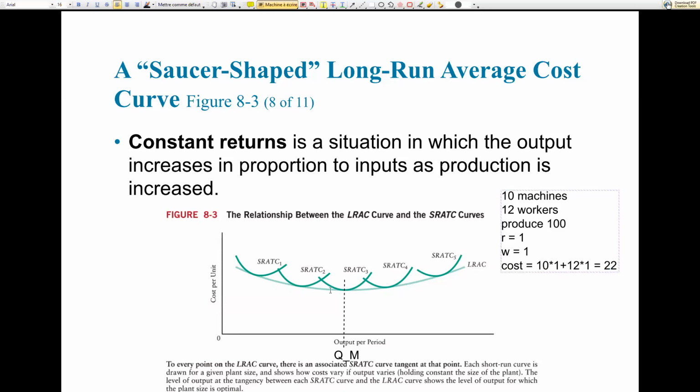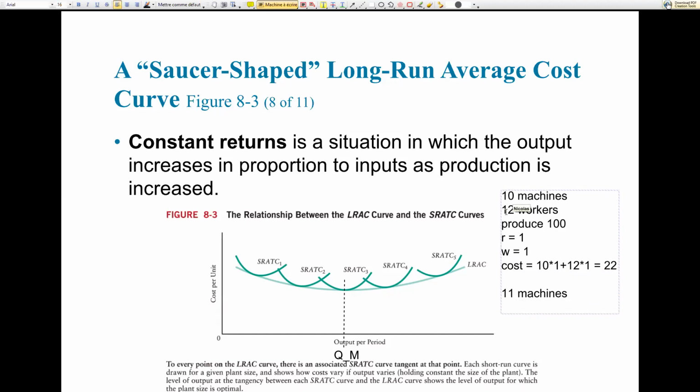And now I say I add, yeah, they would have to be in equal proportions. So imagine I add an extra machine. So I go to 11 machines. So I increase by 10%.